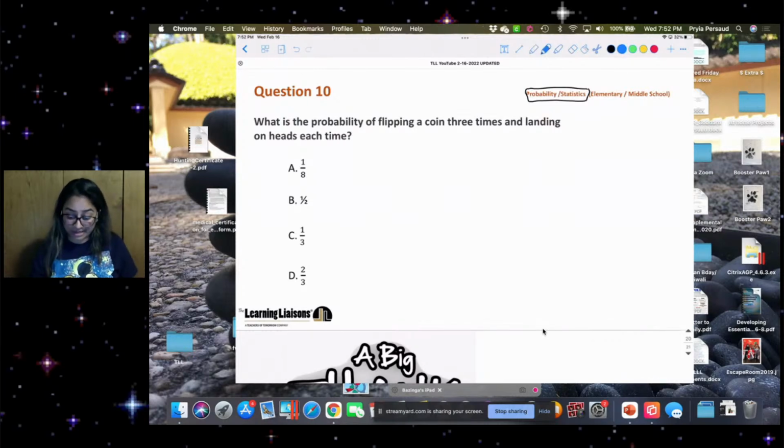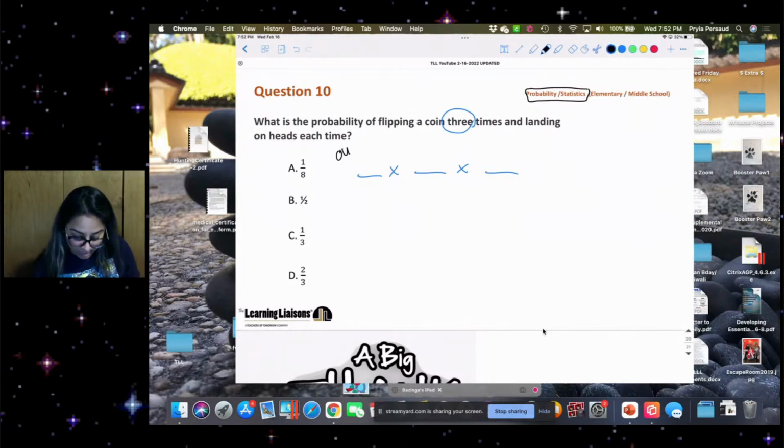Well, I know that I need to have 3 fractions because I'm flipping this coin 3 times. I know that for probability, I will have my outcome on the top and my total possibilities on the bottom. If we had colors, I would have my color on the top and my possibilities on the bottom.